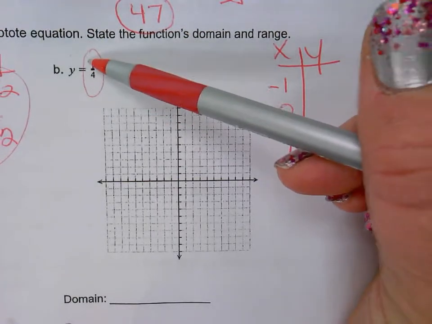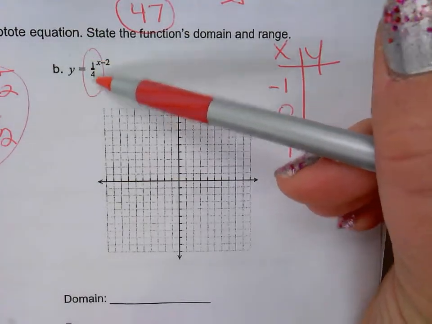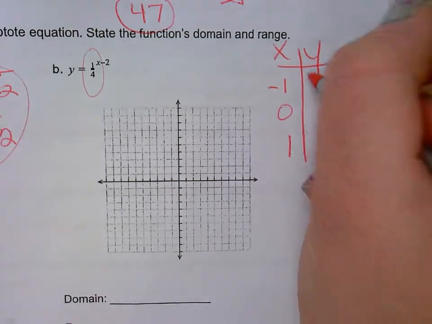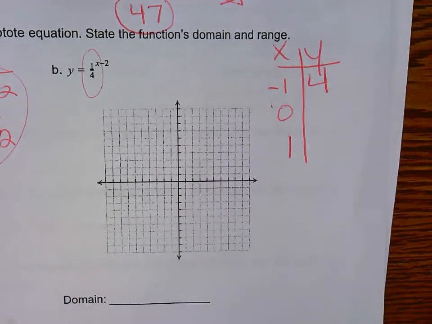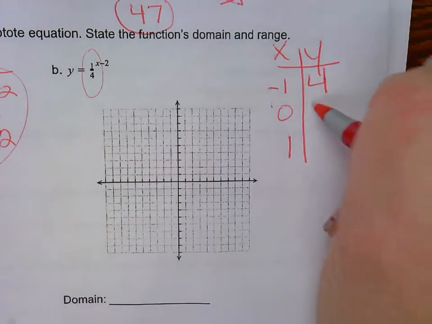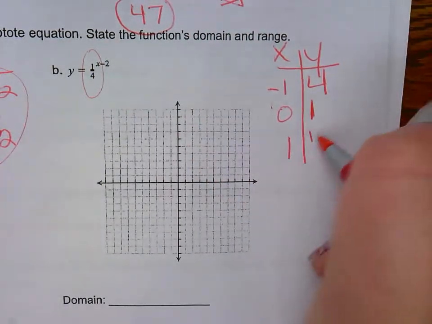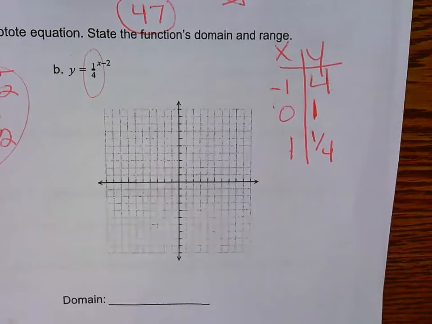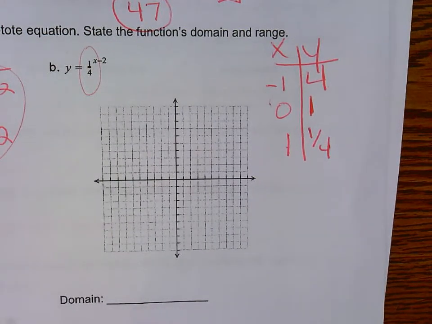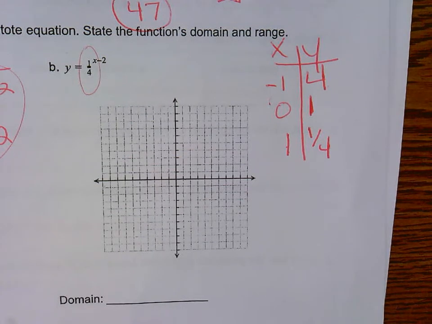When I plug in negative 1, it takes the reciprocal of that fraction and gives me positive 4. Anything to the 0 power is always 1. And anything to the first power is just itself, so 1, 1/4. If you didn't get a chance to graph this one yet, graph those 3 points yourself. That's your parent function.